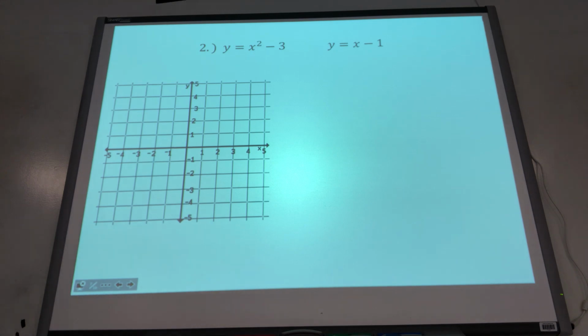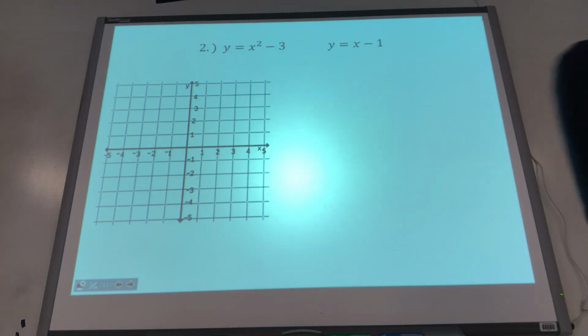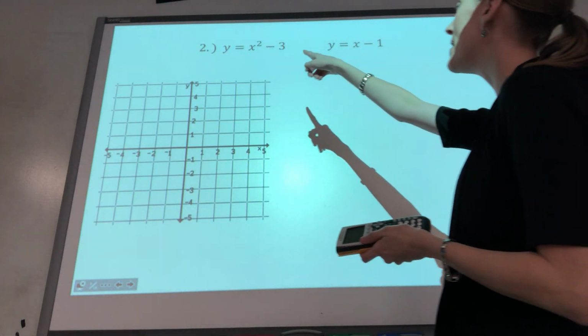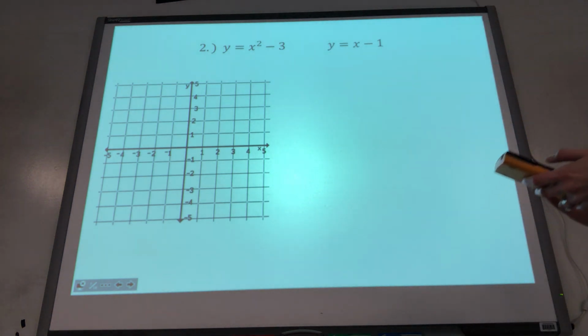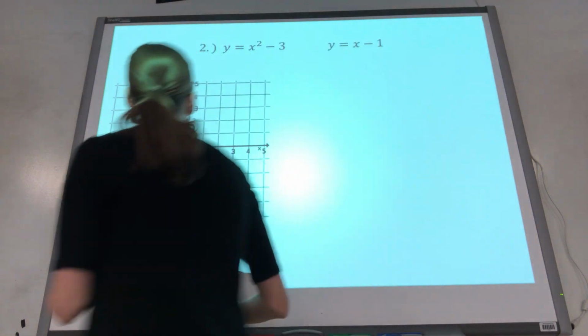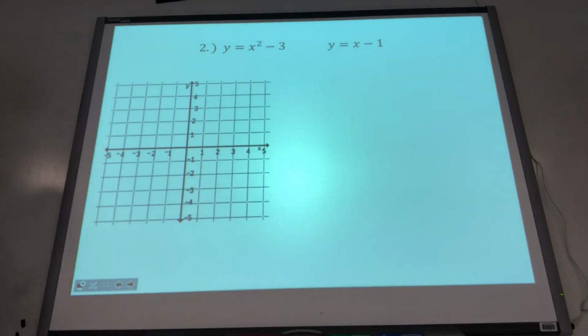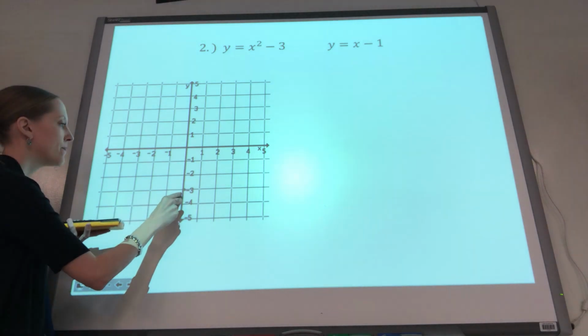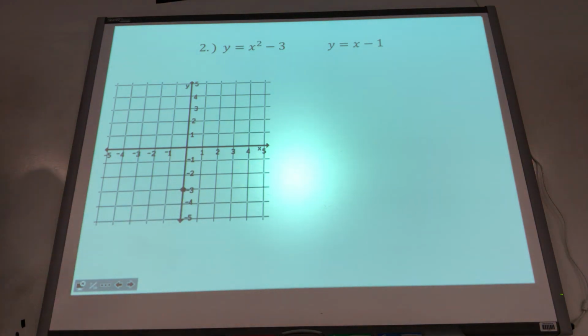So if you want to type this into your calculator, you can. This should be just a parabola shifted down 3. We might need a few more points this time, so don't forget you can hit second graph to pull up your table, which has several points on there.